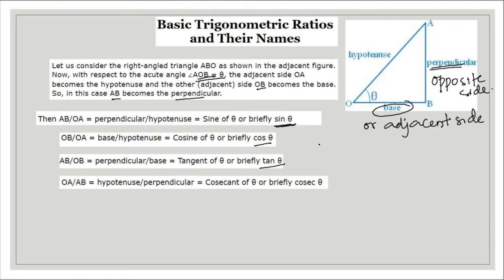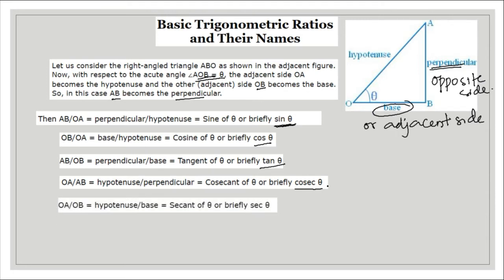In other words, hypotenuse by opposite side, it is called cosecant of theta. It is briefly mentioned as cosec theta. OA by OB is hypotenuse by base. In other words, it is hypotenuse by adjacent side. It is called secant of theta, and briefly it is mentioned as sec theta.